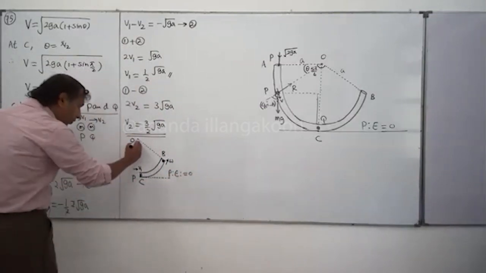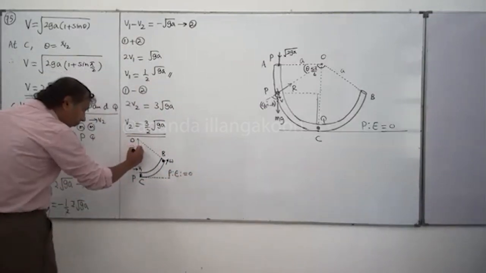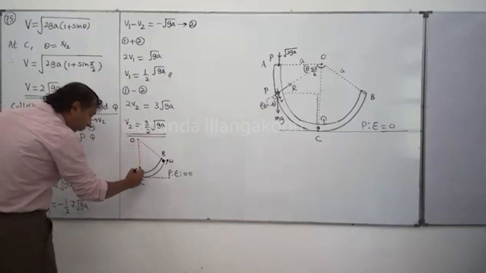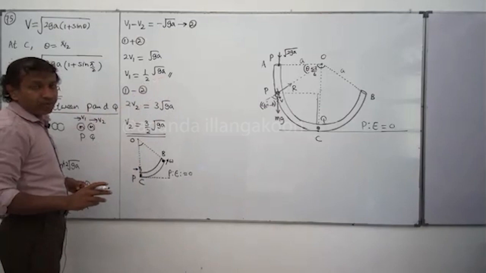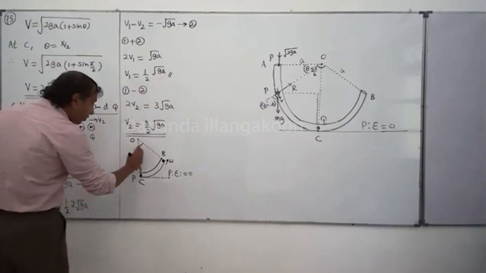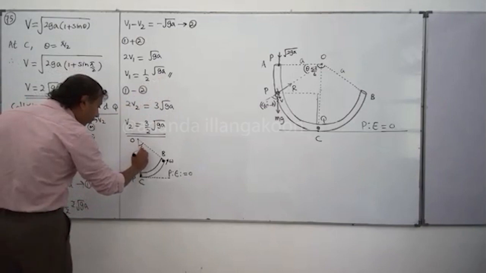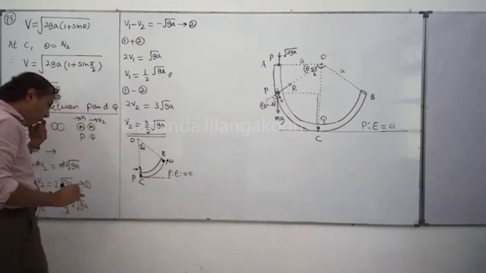Right. So you know this angle, the whole angle was 150 degrees. 5 pi by 6 is 150. When you subtract 90, this is 60. Okay.